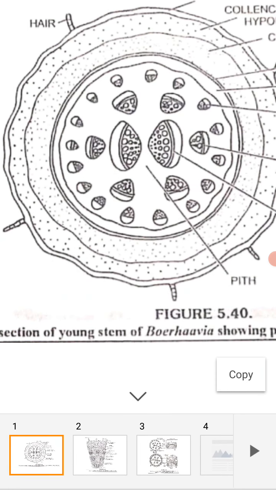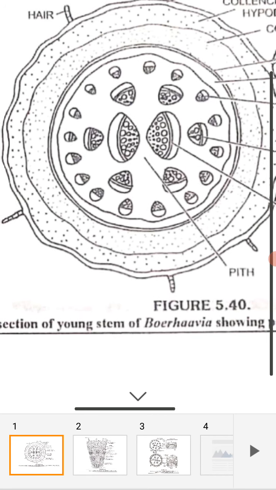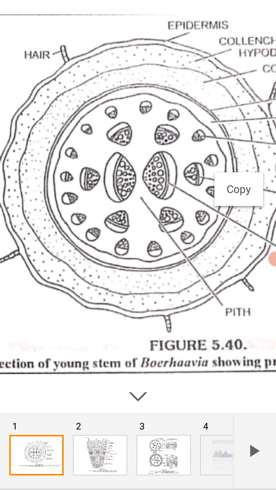Such anomalies are present both in primary as well as the secondary structures of the stem, and some of the most common anomalies are given here. One is anomalous primary structure.